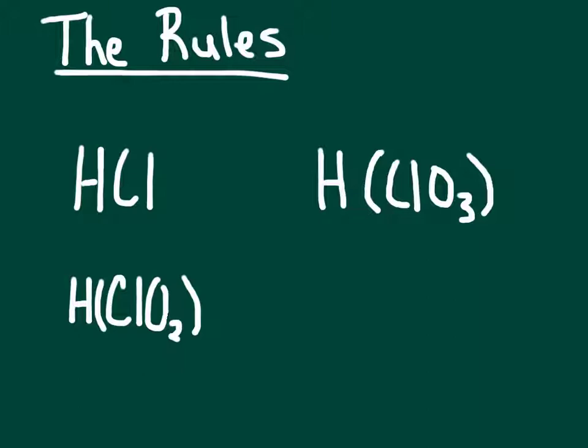If oxygen is not present, the name of that acid is hydro, then whatever the anion is. So in this case, the first one, HCl, that's hydro, and then the anion is chlorine, so we'll change it to chloric.